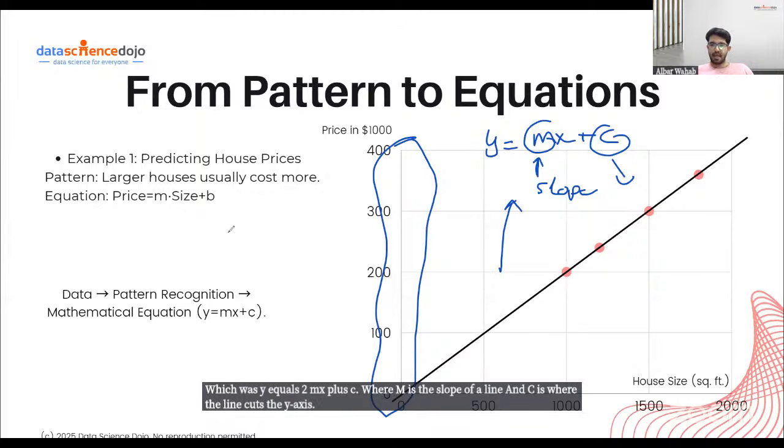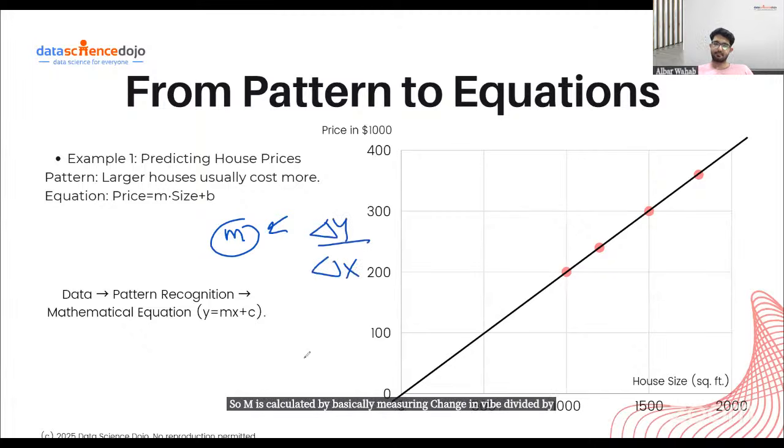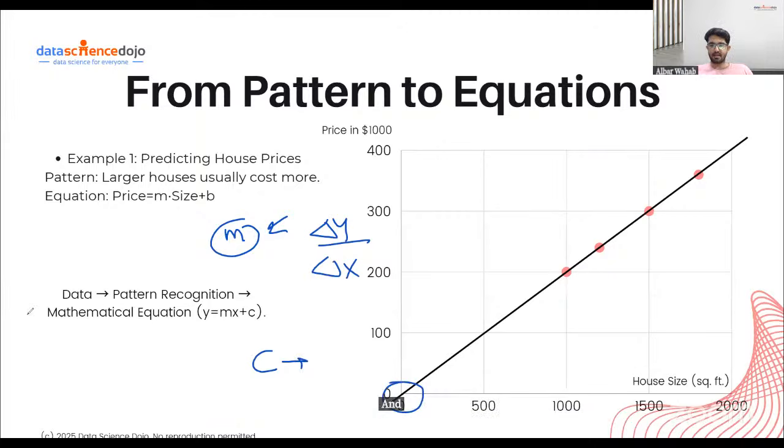So m is calculated by measuring change in y divided by change in x. And c is basically the y-intercept.